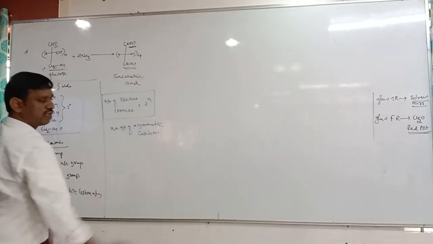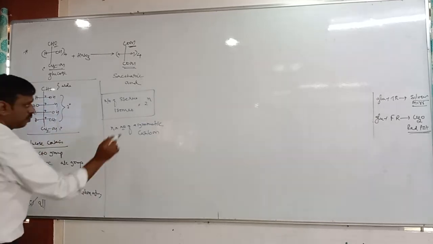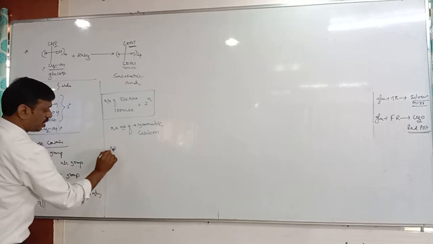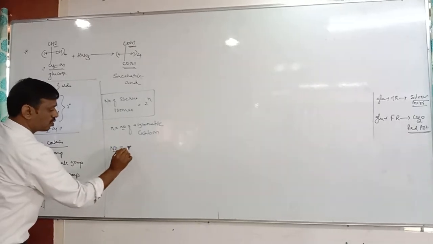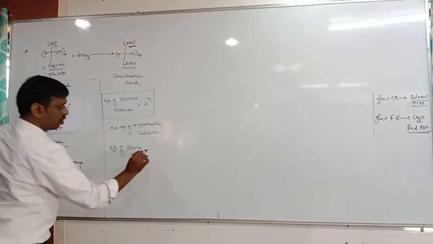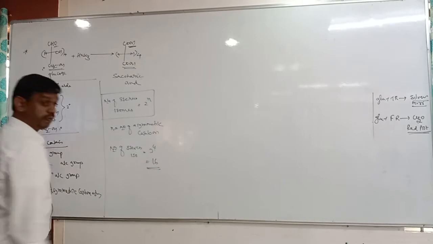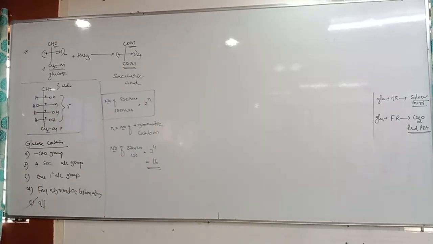What is an asymmetric carbon? The carbon atom which is attached to 4 different groups. Glucose has 4 asymmetric carbons, so the number of stereoisomers is 2 to the power 4, which is 16. Glucose has a total of 16 stereoisomers.